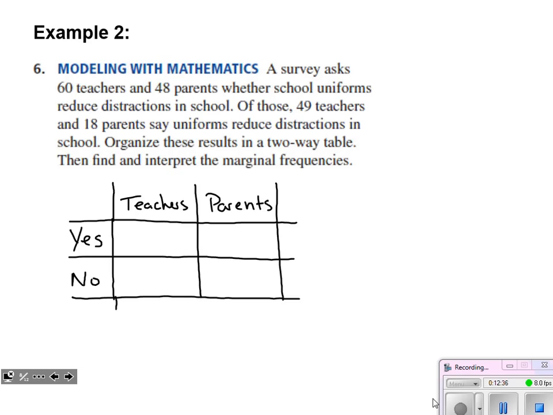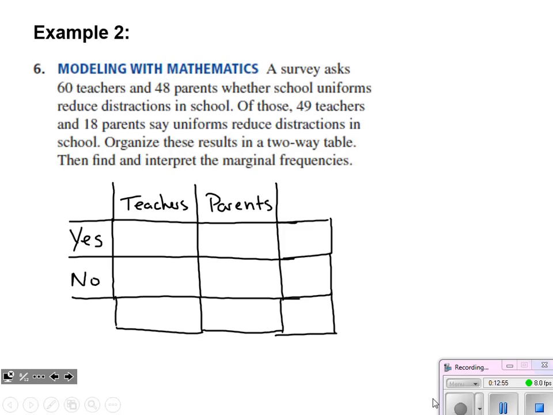And then we're going to be able to total up teachers, parents, total numbers of yes votes, total numbers of no votes, and then total number of votes, period. So let's see what we can fill in based on the clue we're given.